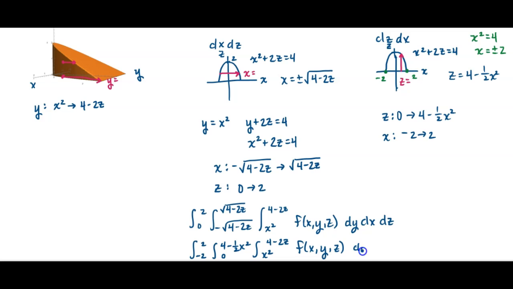So this will be dy dz dx. And there we have it. So we rewrote this in 6 different ways. Again, all of these would yield the same result.